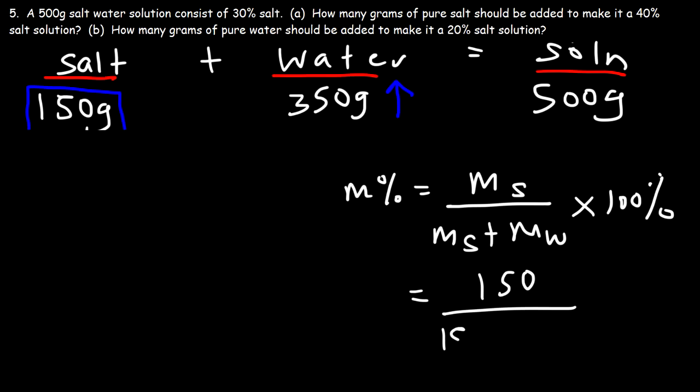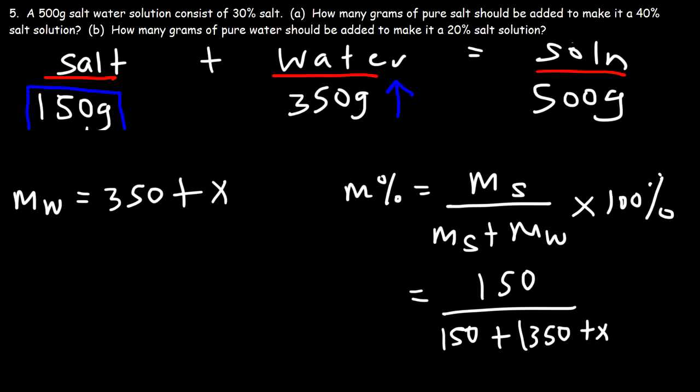That's not going to change. However, the mass of the water will change. It's 350 plus the additional number of grams of pure water that we're going to add to it. So it's going to be 350 plus x. And here we have times 100%, and the desired concentration that we want is a 20% salt solution. So that's going to be the mass percent in this example.